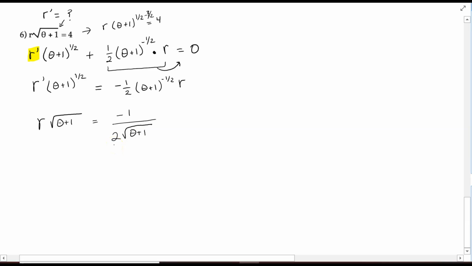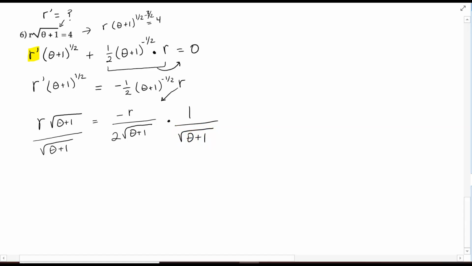Okay, and then this r comes back into play, gets multiplied by the negative 1, so it actually just becomes negative r. Now I'm ready to divide by the square root of theta plus 1. But that's the same thing as multiplying by the reciprocal, which is 1 over the square root of theta plus 1.